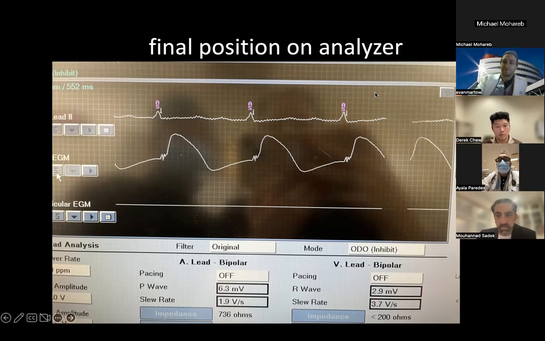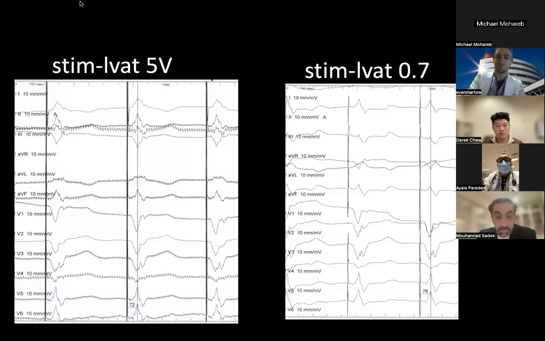In a lot of the manuscripts that are published, that's what they describe also: the first part of that blip is your final R wave, and the rest is just the injury current. Yeah, no left bundle potential. That's a QRS. Yeah, that would make sense.